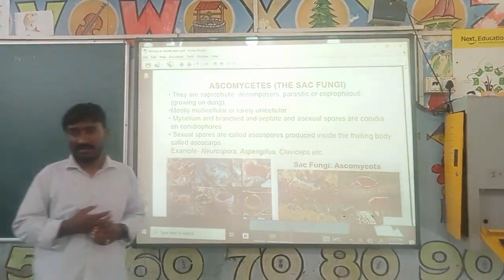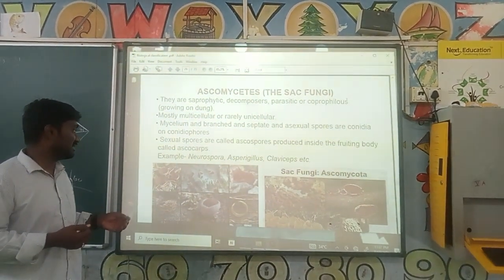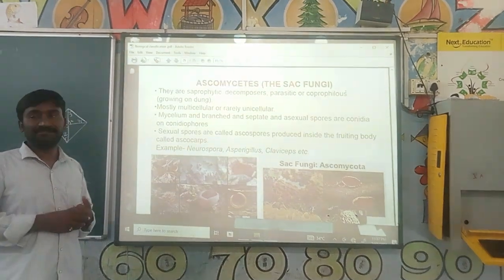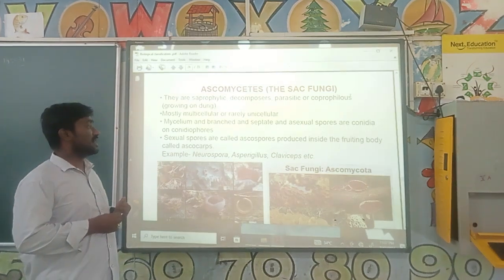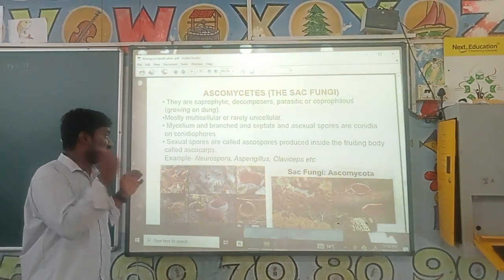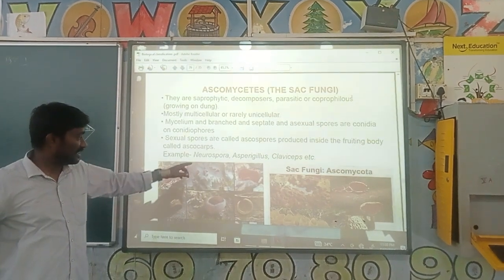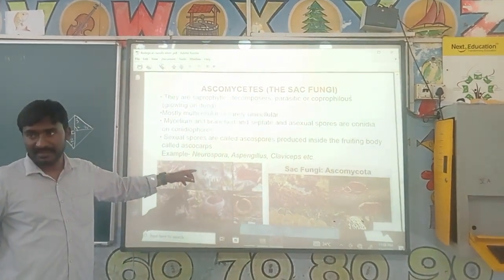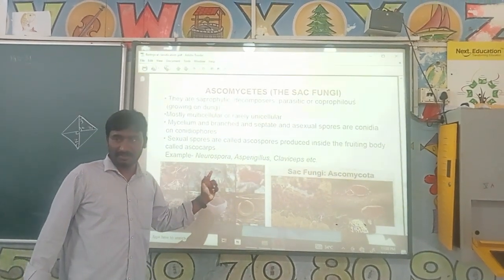Very important: sexual spores are ascospores, produced in the ascocarps. The fruiting body is an ascocarp. Examples: Neurospora, which is useful in genetic engineering, very important.